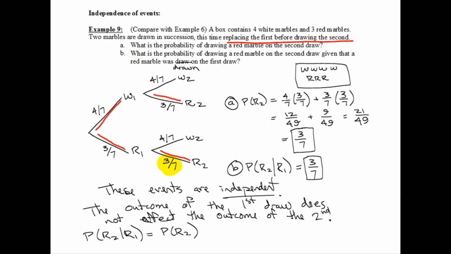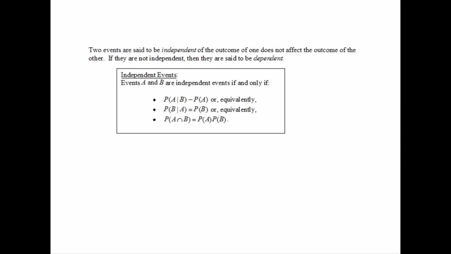Now let's get to our definition of independence. Two events are independent if the outcome of one does not affect the outcome of the other. If that doesn't happen, then they're said to be dependent. Two ways to check this. Actually three ways, but two are essentially the same.